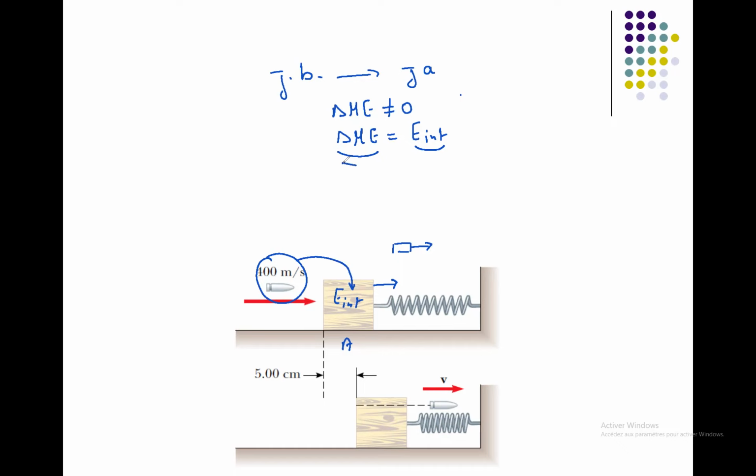You can solve this one, or you can say also the kinetic energy of the bullet just before the collision equals the internal energy plus the kinetic energy just after.